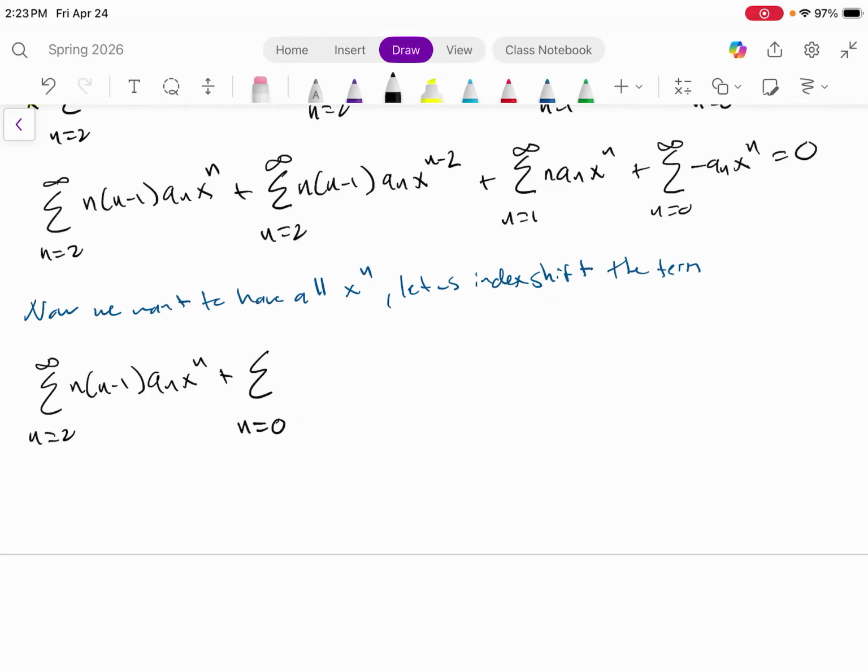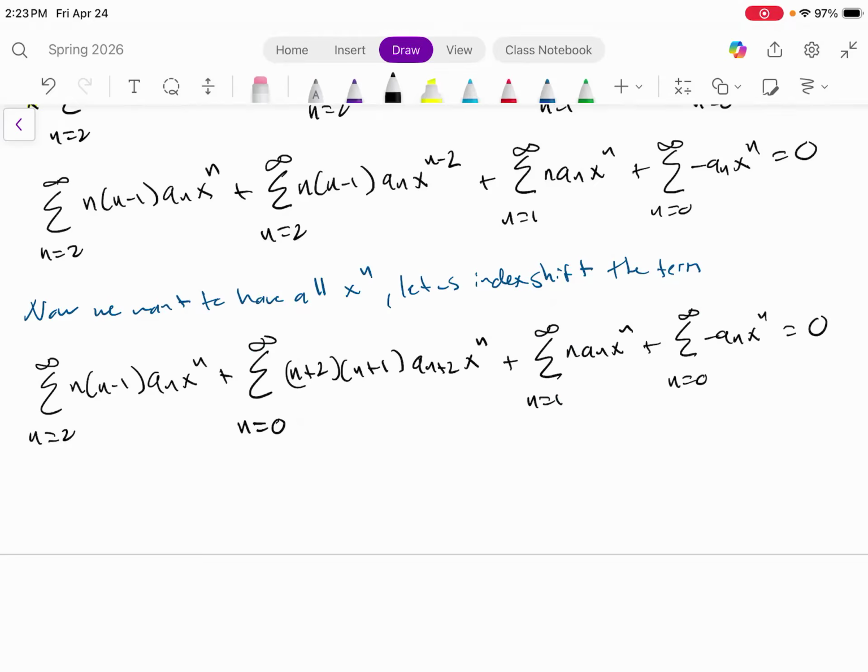So this would be n plus 2 times n plus 1, a sub n plus 2, x to the n. And everything else just stays the same with these other two series. Okay, so all my terms are now x to the n, so that's good.